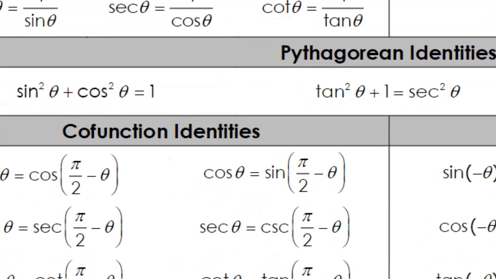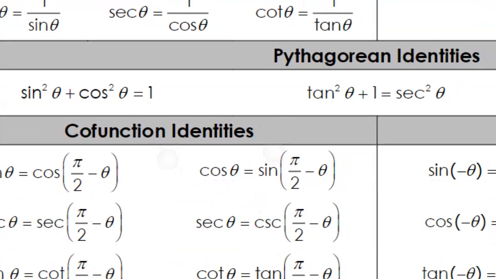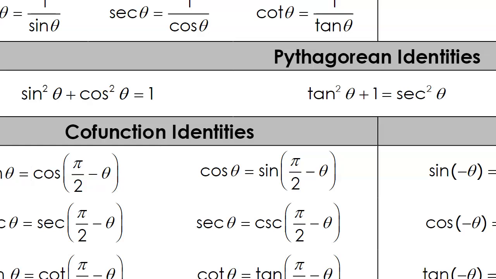Now, it may not look exactly like these, but because these Pythagorean identities hold true, they hold true for these exact equations shuffled around a bit as well. Meaning that sine squared of theta is equal to 1 minus cosine squared of theta as well. Yes, we have to subtract the 1 over.